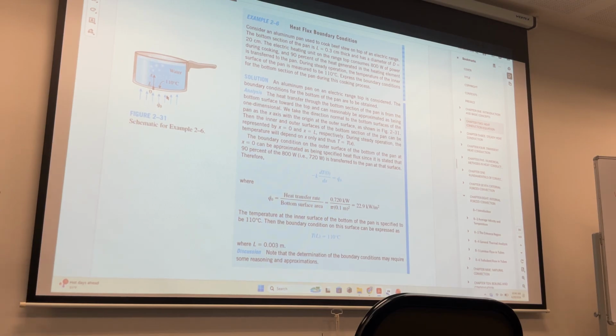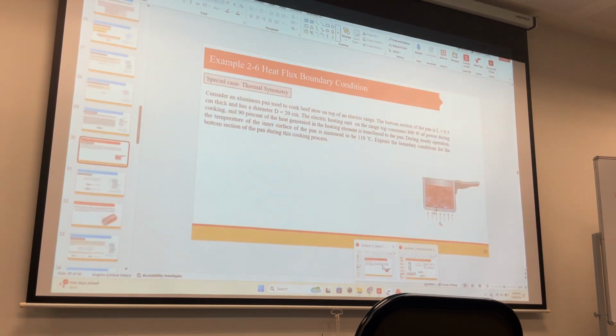When you have the area and when you know how much heat is getting transferred, you can calculate the heat flux. So, heat flux boundary condition. Okay. This boundary condition is heat flux. This is initial temperature here.